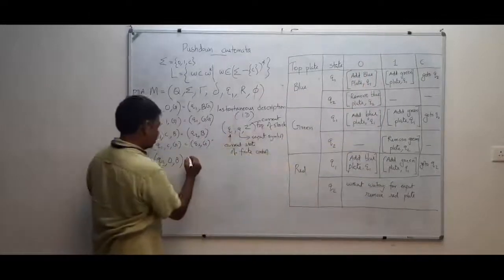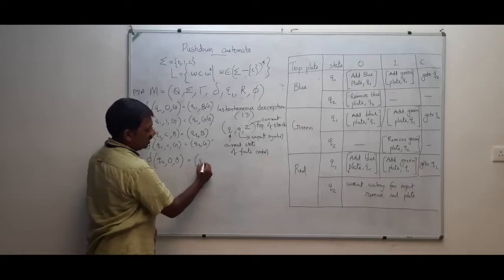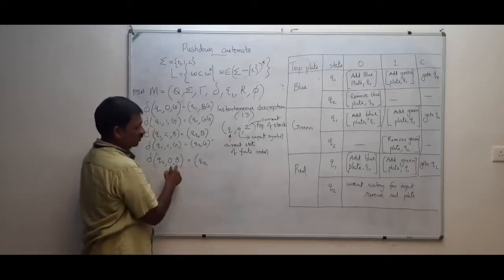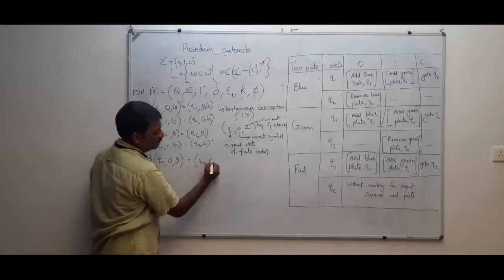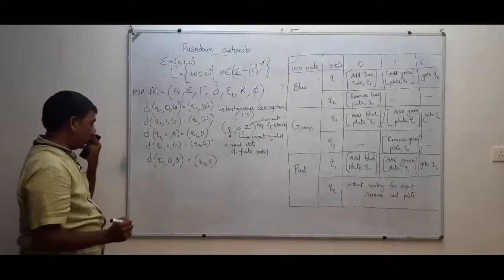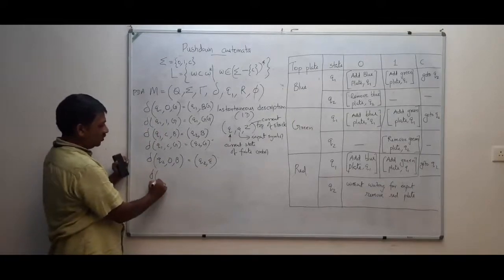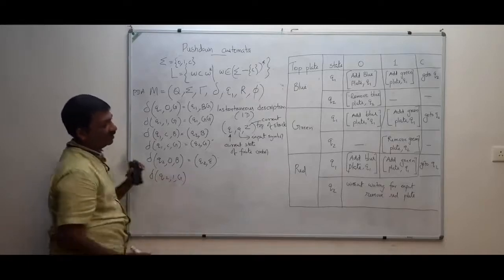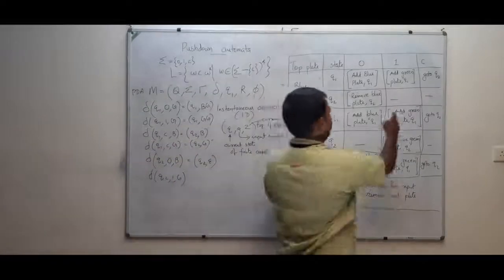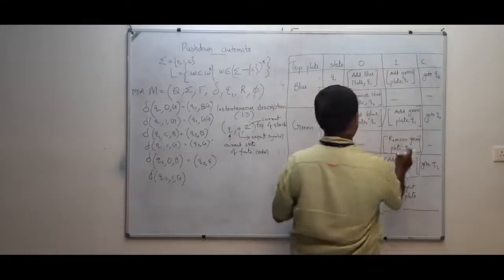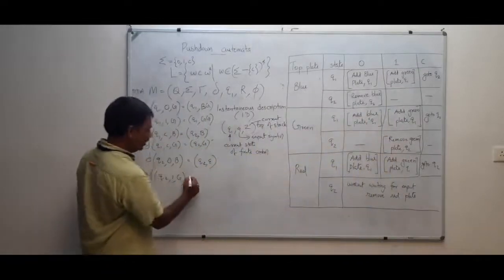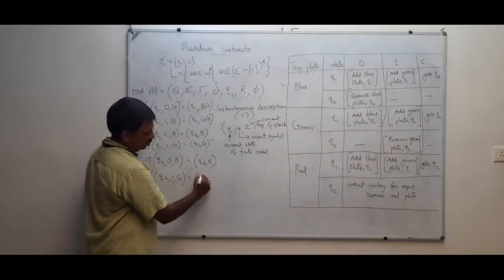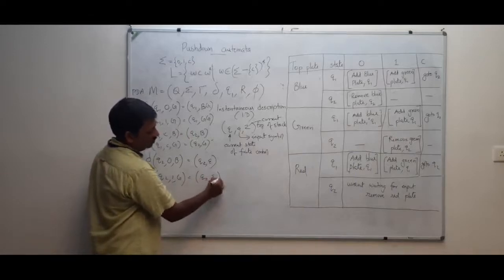That means staying in the same state and we are going to remove this blue plate and after removing that, epsilon, Q2 epsilon. And delta of Q2, 1 and green, Q2, that means remove green plate. That means again it is staying in the same state, Q2 epsilon.